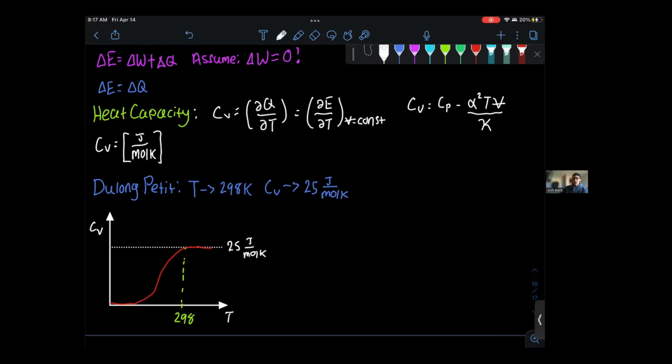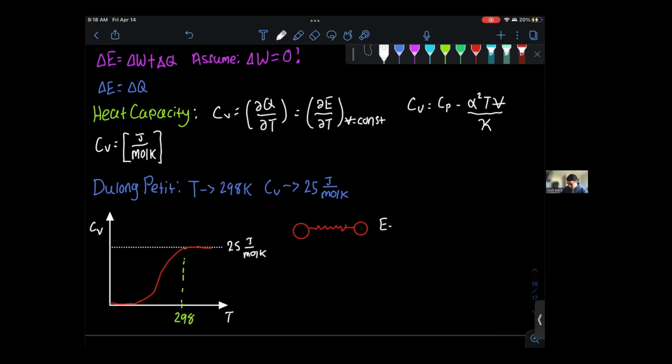Now, the classical model that we're going to be using is the ball and spring method. So if we were to have our ball like this, being an atom, a spring in the middle attached to another atom here, if we were to add energy to the system, the spring would start oscillating faster, meaning there's more thermal energy.